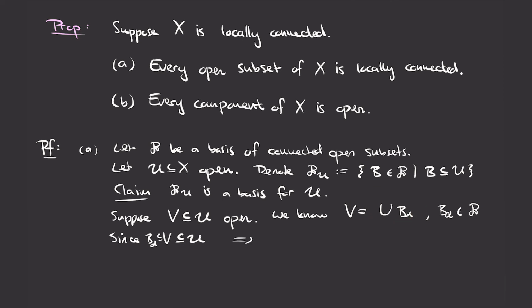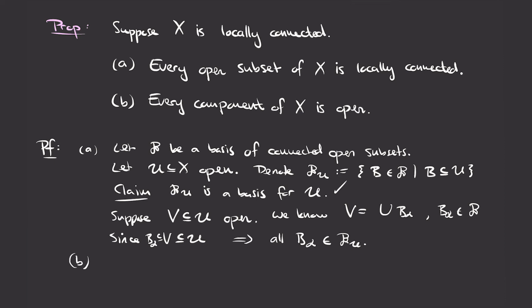So this implies that all B alphas are actually elements of the restricted basis B sub U. Therefore, this restricted basis B sub U is actually a basis, and it consists of connected open subsets because the original basis did, and so this proves the first part of this proposition.